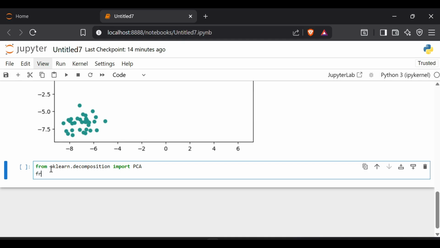So from sklearn dot datasets we will import load_iris.